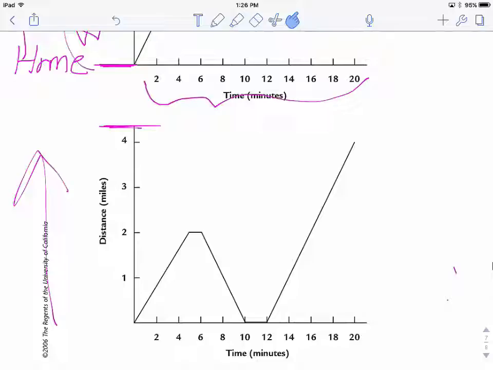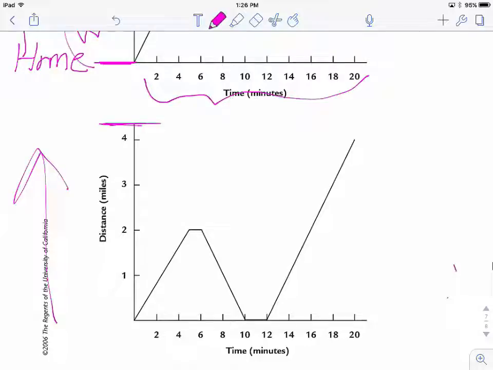That's actually at home. Because you're talking about this right here, right? Let me point. We're talking about this line. No, we're talking about this line.